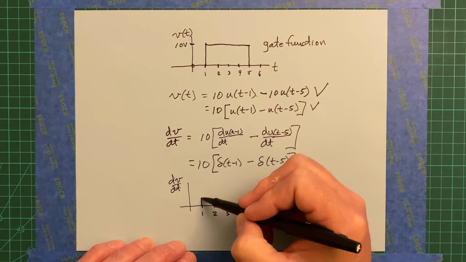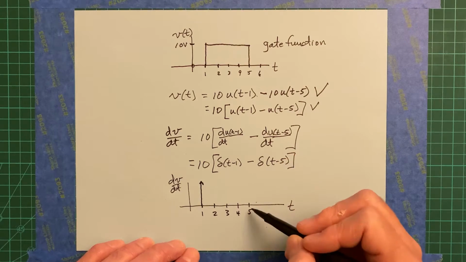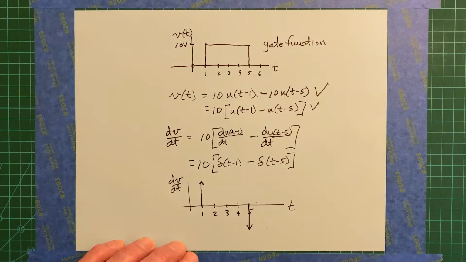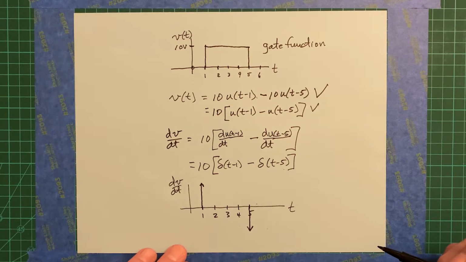It's going to go up like this, and at 5, it's going to go down like that. So they're going to be undefined at those two points right there. All right. That was just for fun.